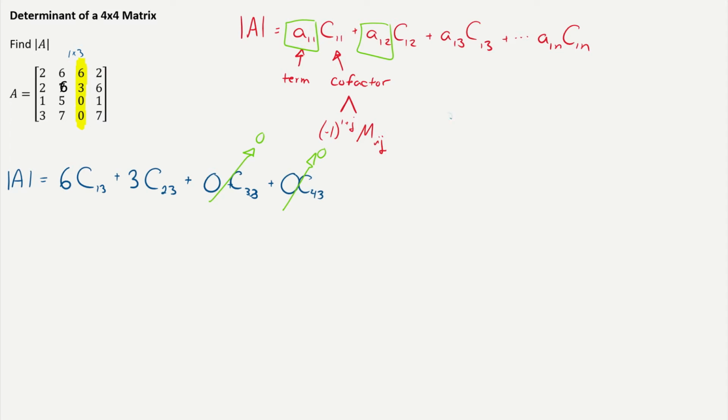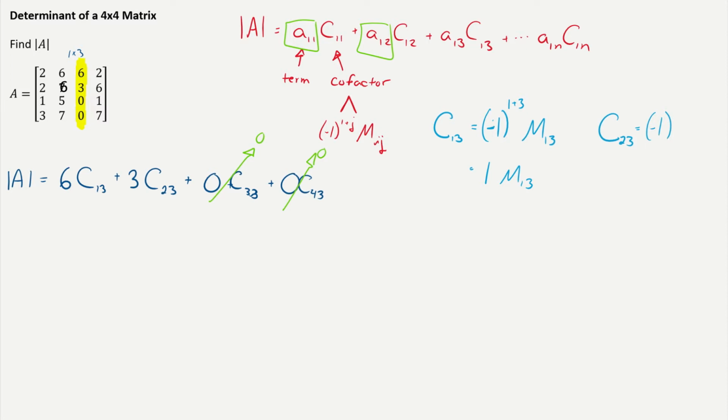Okay, so cofactor 1, 3. What is that? Well, that is -1 to the i plus j, so you add 1 plus 3, times the minor of 1, 3. That's -1 to the 4th power, which is equal to 1, times minor 1, 3. Now, before we find the minor, what about cofactor 2, 3?